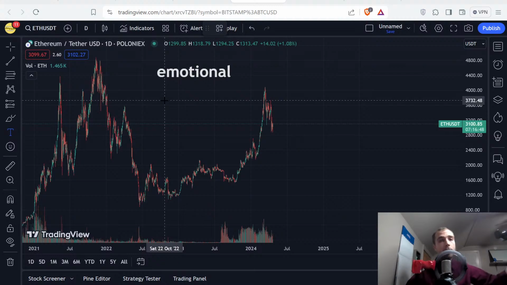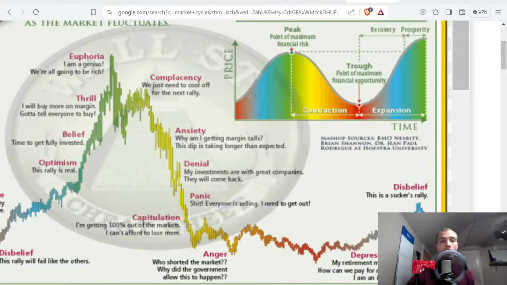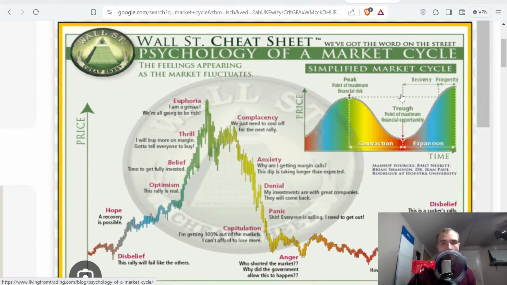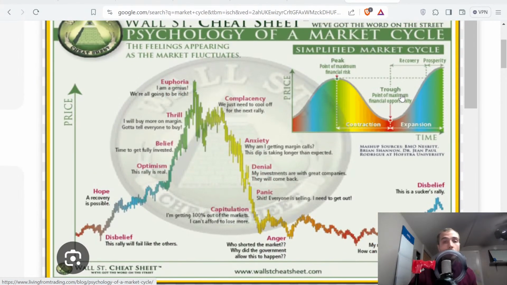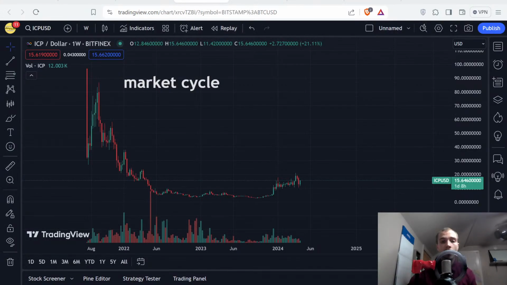So you're always going to be able to make money in these markets if you understand the laws, if you understand the principles that make markets work, the principles behind investing. And if you understand those things, you're not going to call these coins like ICP dead, right?